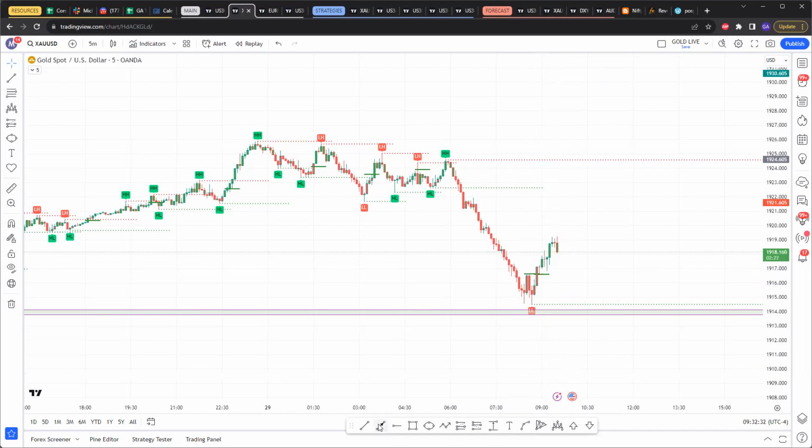This is what I'm looking for: on the 5-minute, I would want 2 5-minute candles to close above, but I would need a retracement. But if that doesn't happen, then that's fine as well.